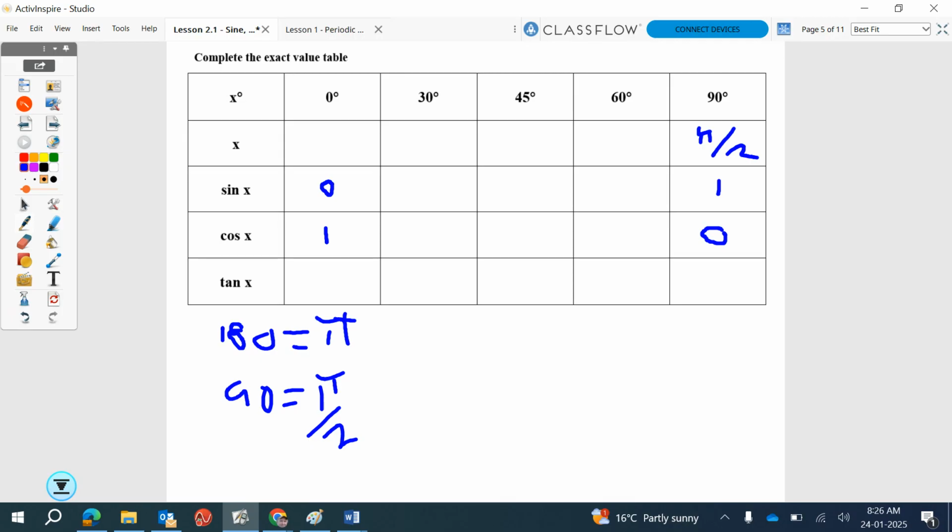If we take 180 and divide it 3 times, we'll get 120 and then 60. So this one is pi over 3. If we take 90 and divide it by 2, we get 45. So this one is pi over 4. If we take 60 and divide it by 2, we get 30. So this one is pi over 6. This one is also 0.